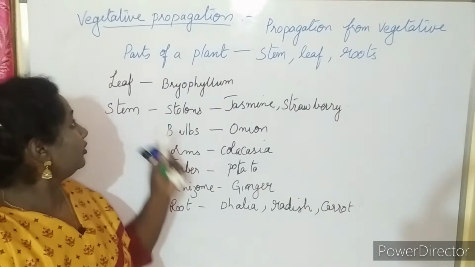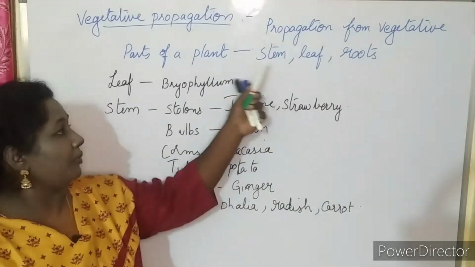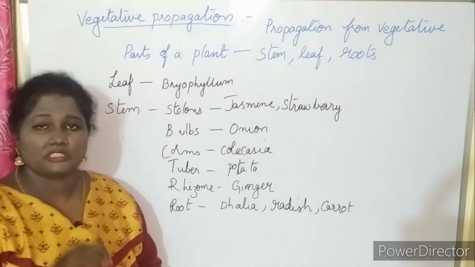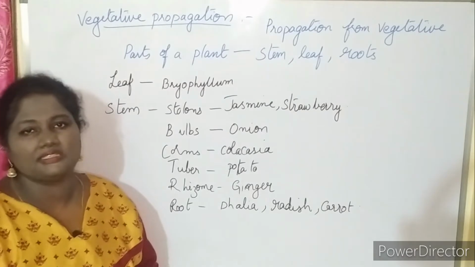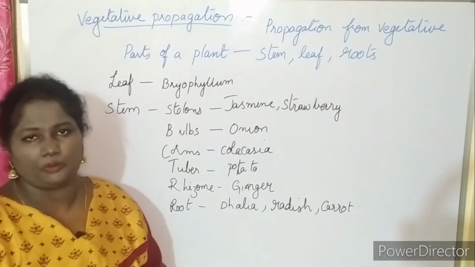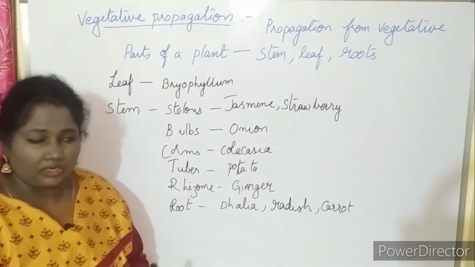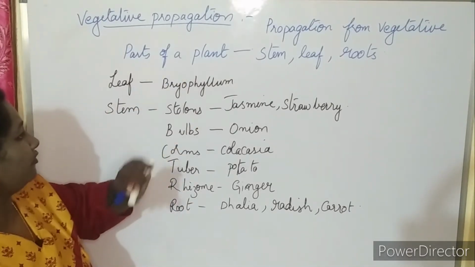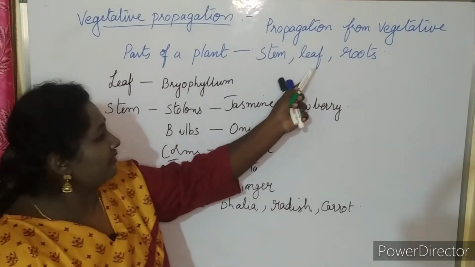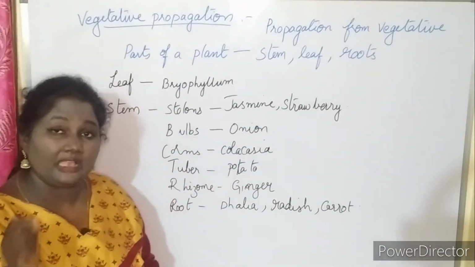But coming to vegetative propagation, if the propagation happens with the vegetative parts of the plant, then such type of propagation is called vegetative propagation. So what are the vegetative parts of a plant? If we see, stem, leaf and roots, meaning other than flower.